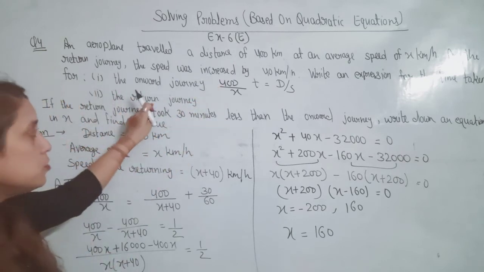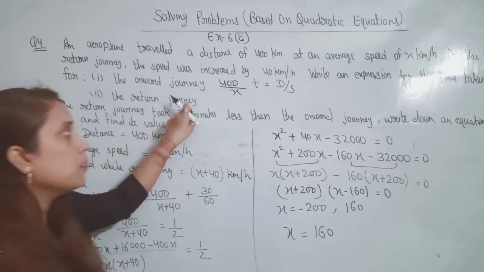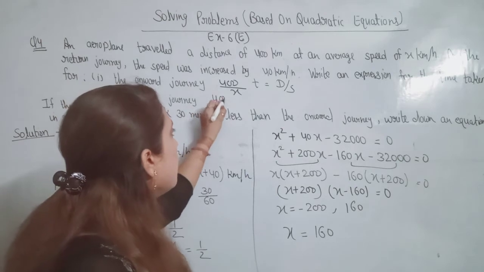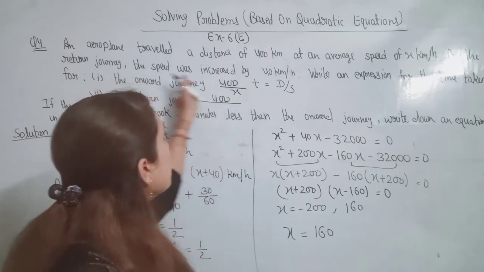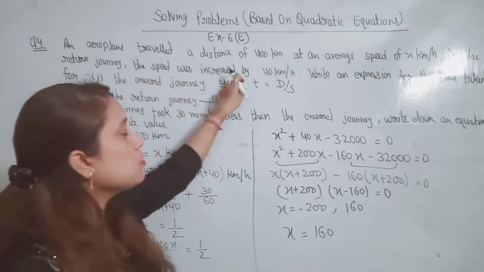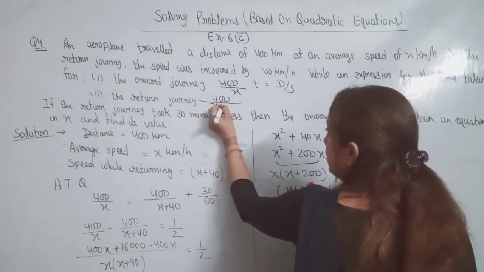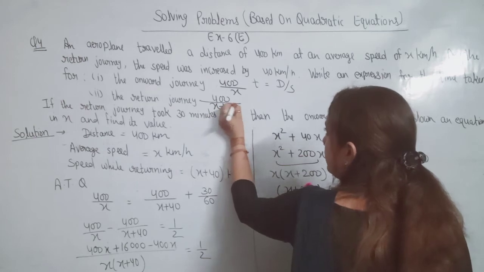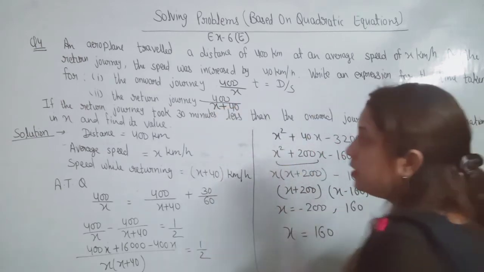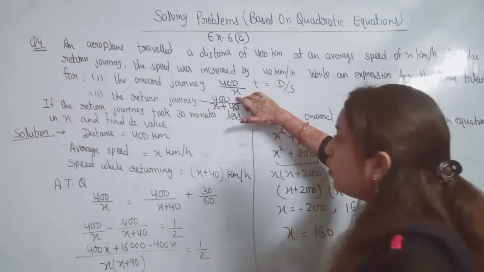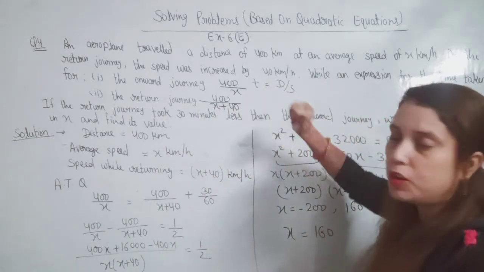And the return journey, what will be the time for the return journey? It will be 400 upon, and now speed was increased by 40 km per hour. The average speed x and increase 40. So time taken for the returning journey will be 400 upon x plus 40.